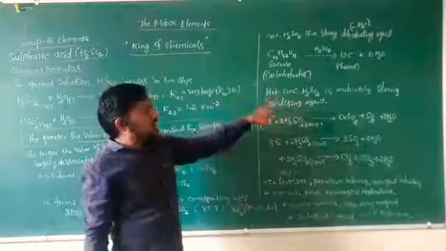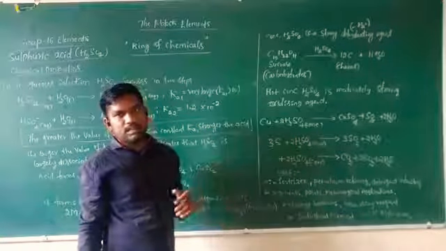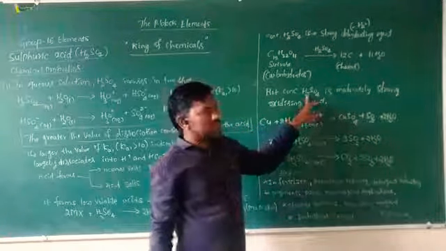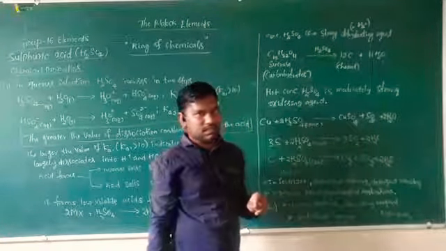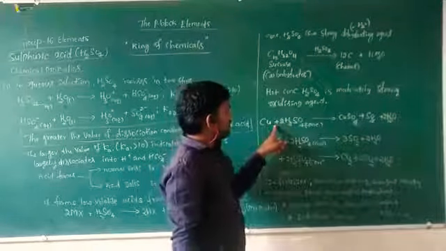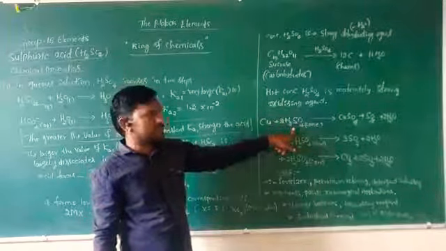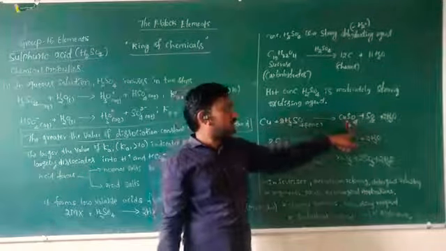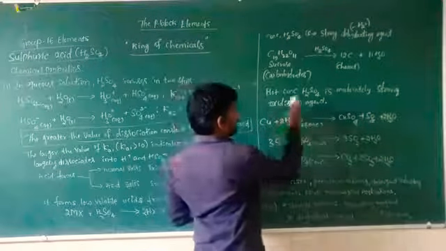What happens when sulfuric acid reacts with metals, non-metals and compounds? Concentrated sulfuric acid acts as a moderately strong oxidizing agent. For example, copper metal reacts with concentrated sulfuric acid. Copper converts into copper sulfate, a displacement reaction.